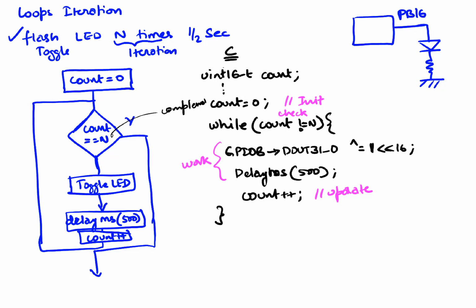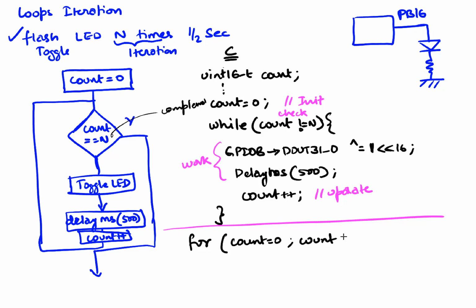Now, when the template falls in such a form, there's a nice little alternative to this, which is the for loop. So we're looking at a while loop. A for loop is a nice alternative to it, where we basically put all of them together. So we say for count equals 0, count is not equal to n, count plus plus.